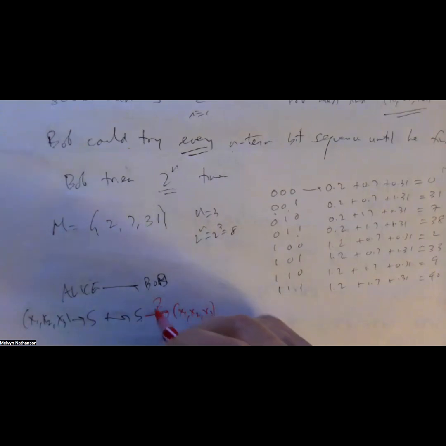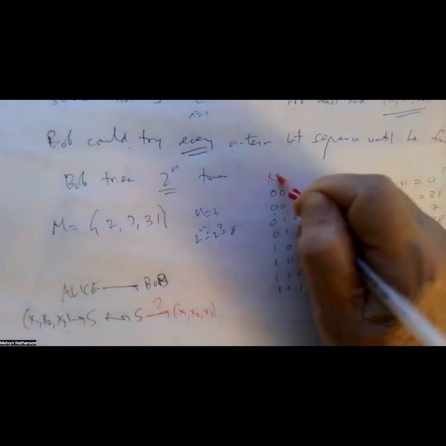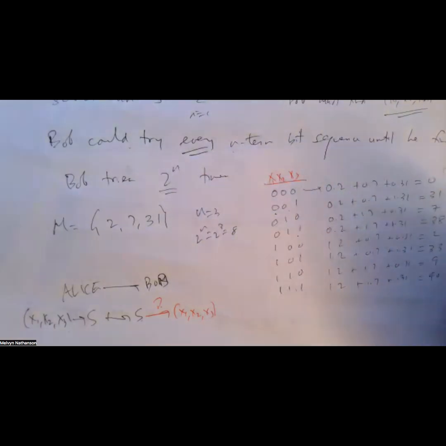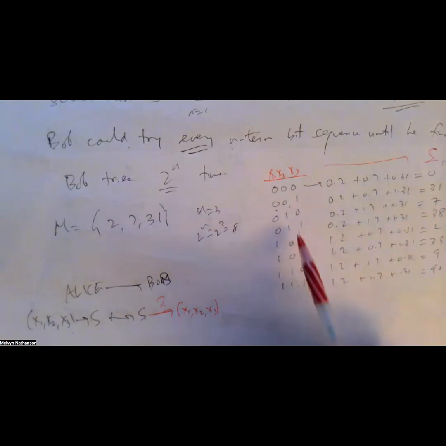How does Bob do that? Bob just got S. He needs to find the bit sequence. So he can look at every possible subset sum, and one of these, and only one, will be the number S, and that will tell him the bit sequence, x1, x2, x3. These are the numbers S that you get from them. To work backwards, Bob calculates every possible subset sum, finds the S that Alice sent to him, and recovers x1, x2, x3.